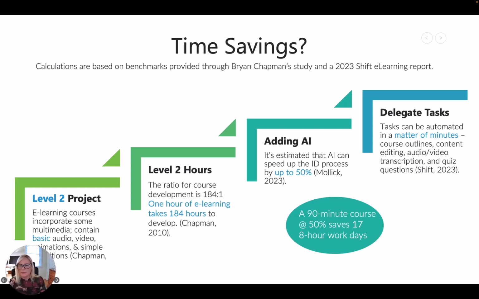His ratio for course development is 184 hours by an instructional designer or instructional technologist or learning expert to produce 1 hour of e-learning. So Ethan Mollick, who's a thought leader in AI and education, estimates that AI can speed up the process by 50%. So if you take a 90-minute finished course and you deduct 50%, you're saving 17 8-hour workdays. So that's huge in terms of what we can do as an instructional designer.